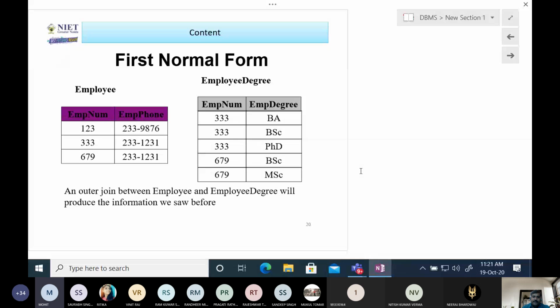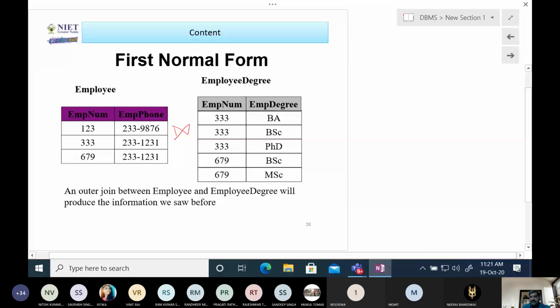Yes, sir. And if we join these two tables, then after the join we get the original table. And that process is called denormalization. The reverse process of normalization is called denormalization.